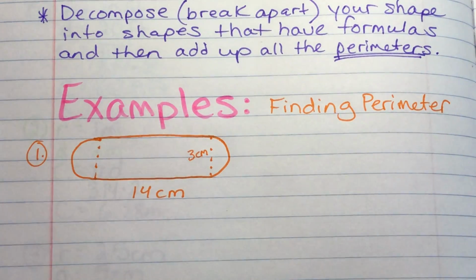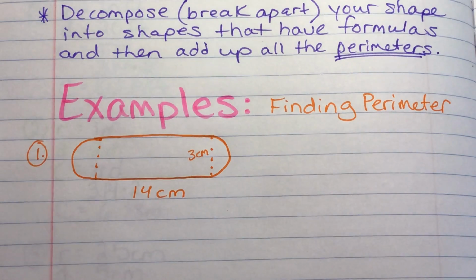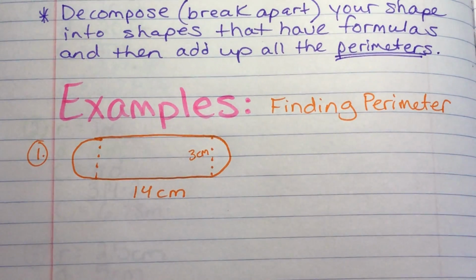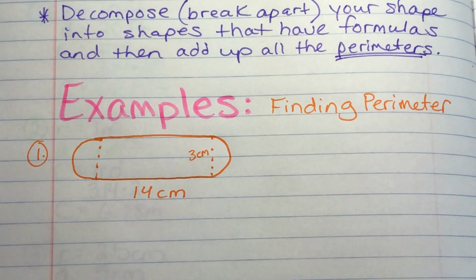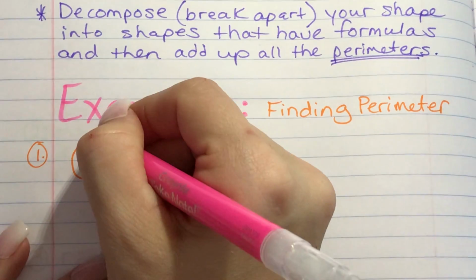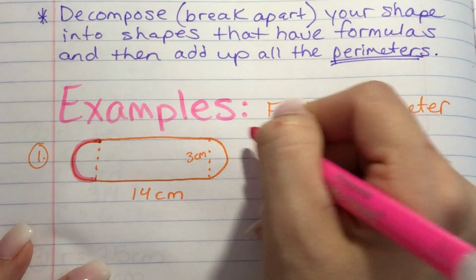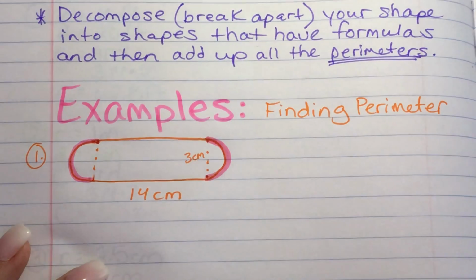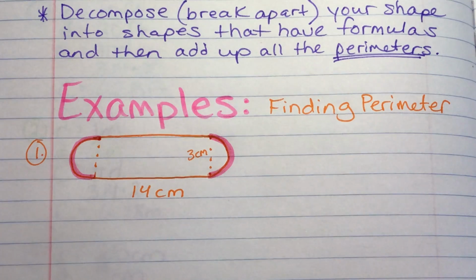All right, so for example 1, they give us a rectangle and then they split a circle in half and put one end on one end and the other on the other. All right, first thing you're going to do is the part that is the circle or the semicircle, okay? So in this example, I am going to only look right now at those 2 parts, okay?